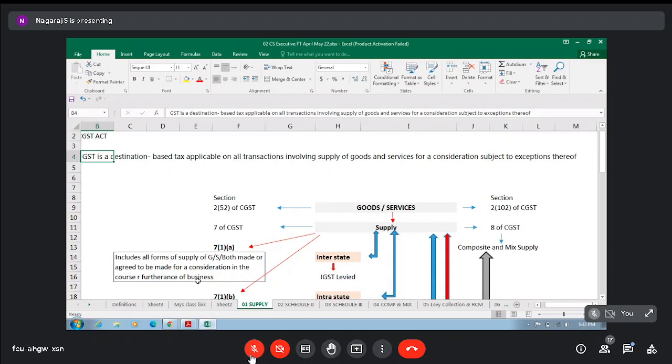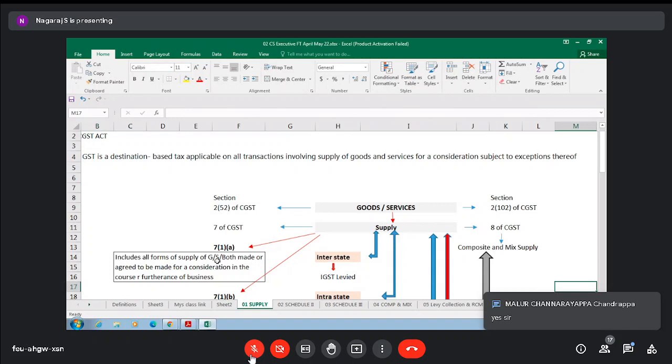The manufacturer who uses the raw material to produce another goods, that is called furtherance of his business. Understood? Shall I continue? Yes, sir. Okay, very simple one. It includes everything.